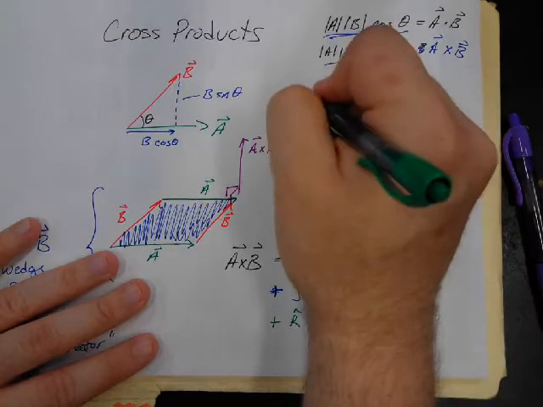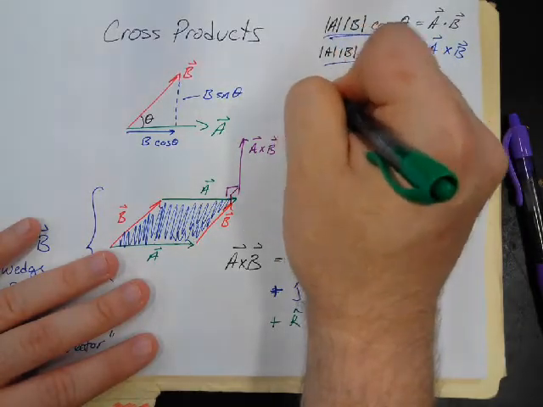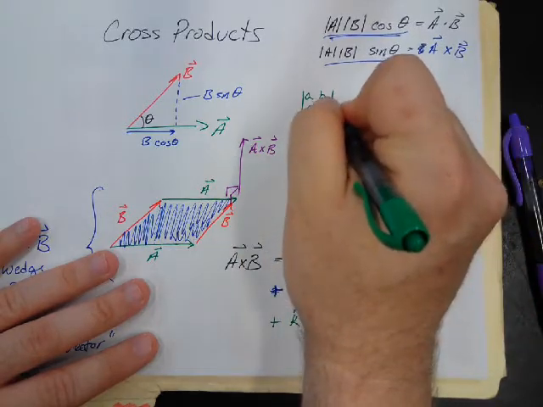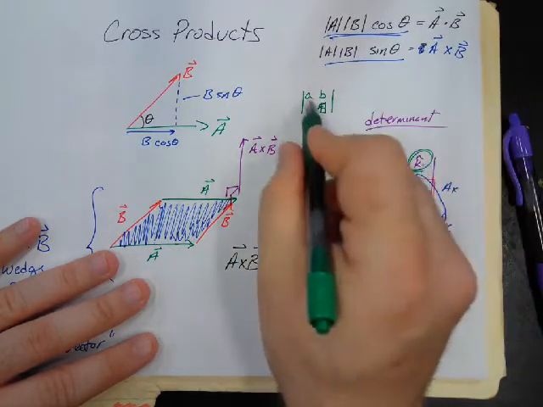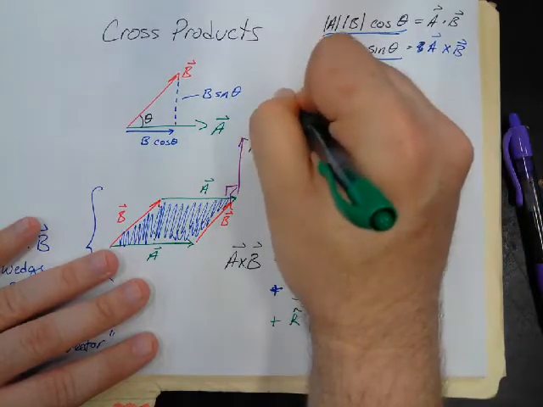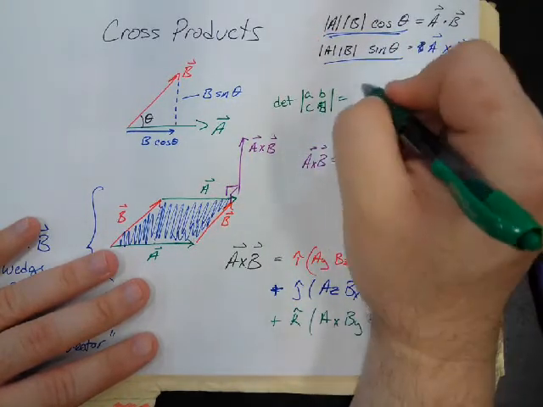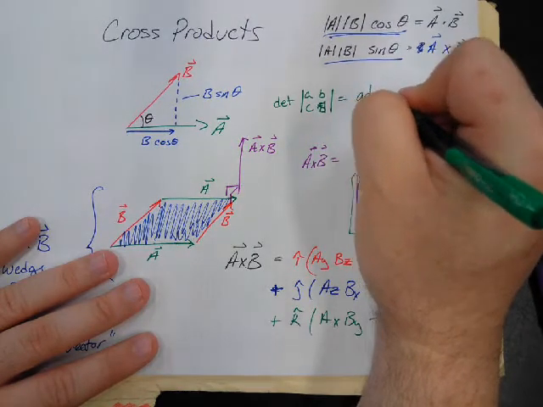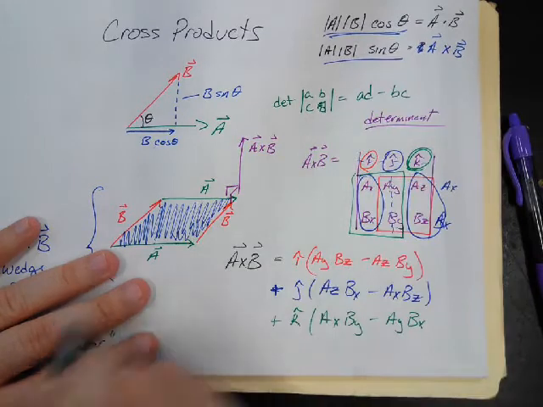And the idea is that for something that looks like A, B, C, D like this, the determinant is AD minus BC.